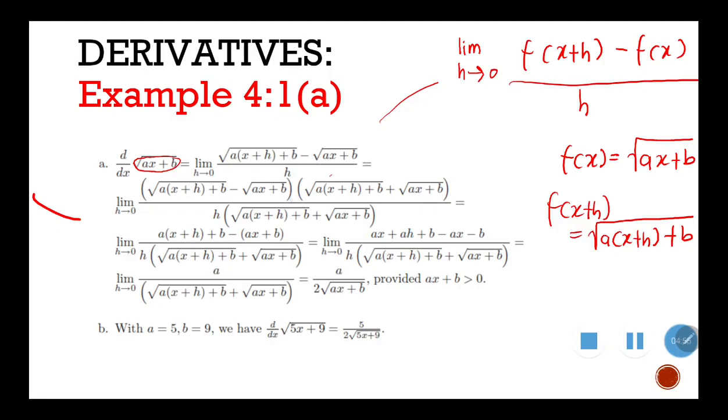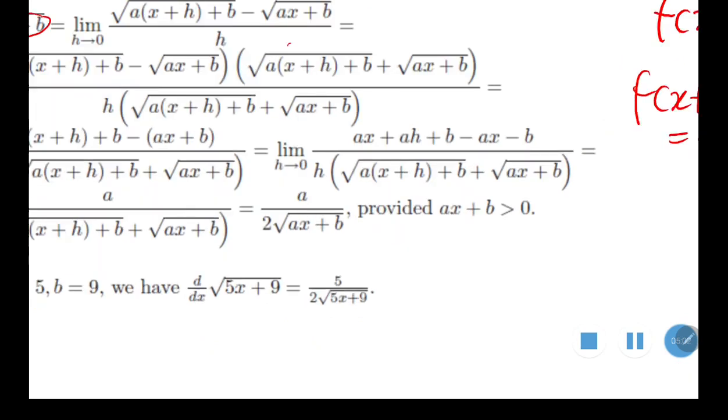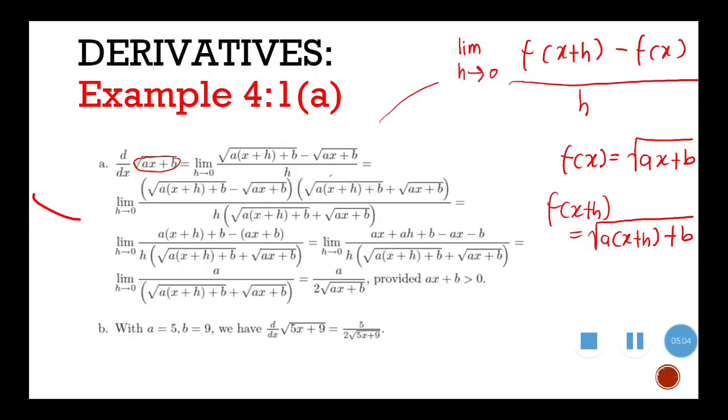Now we try to solve it using the conjugate theory. So for the conjugate, this part where it is negative will become positive here, and multiply h with this value. So as you can see here, this part here is actually equal to 1.